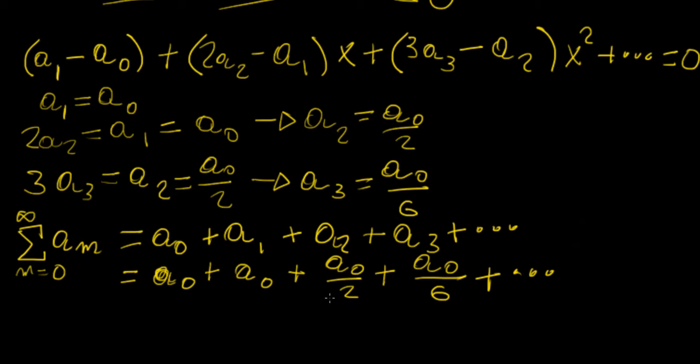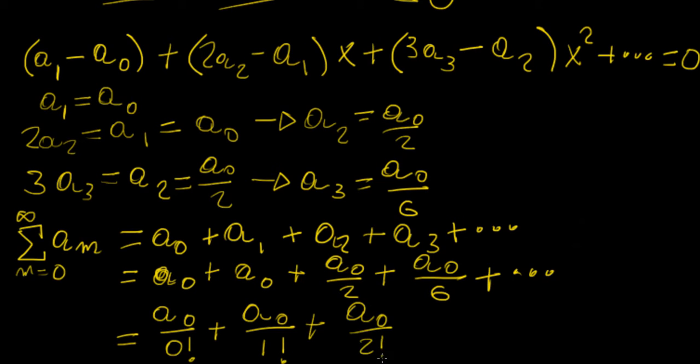Well, we can see that the denominator is sort of following a factorial that is increasing from 0 all the way to infinity. So let's see if we can write this as a0 over 0 factorial plus a0 over 1 factorial plus a0 over 2 factorial plus a0 over 3 factorial plus all the other terms, and it does actually fit this series.